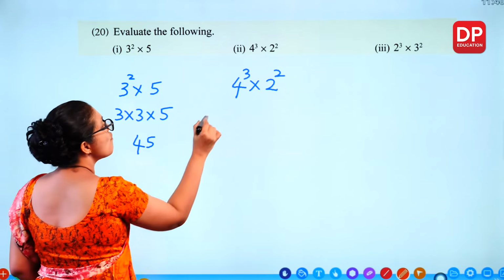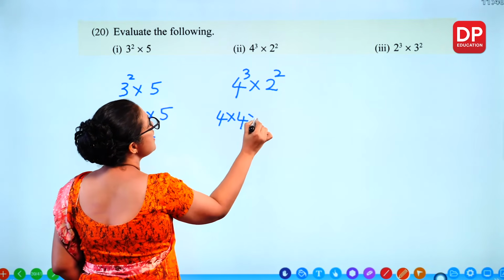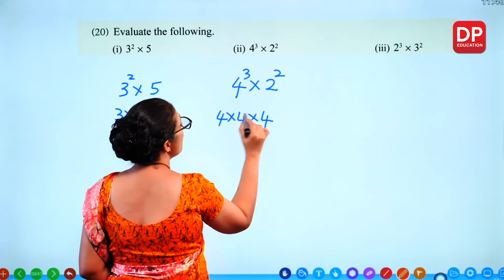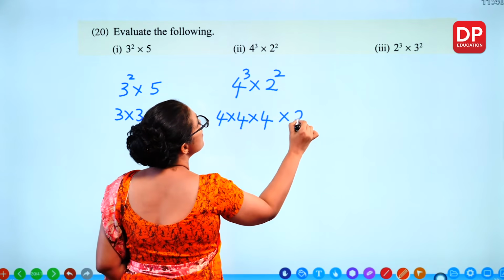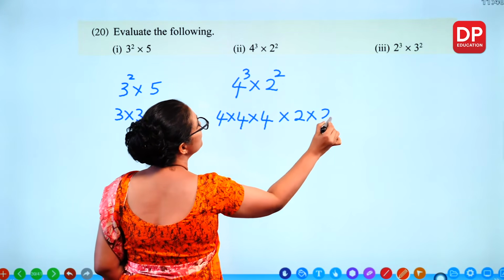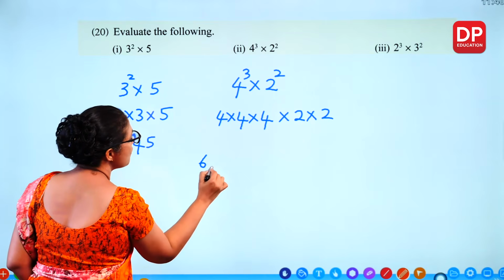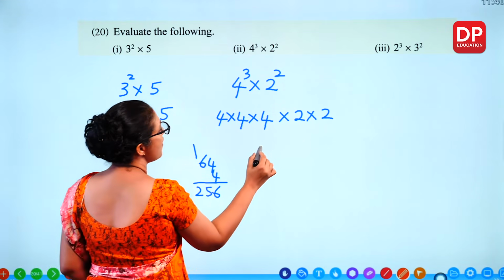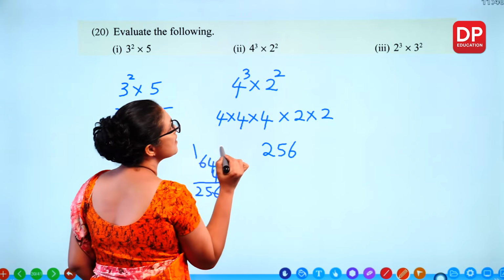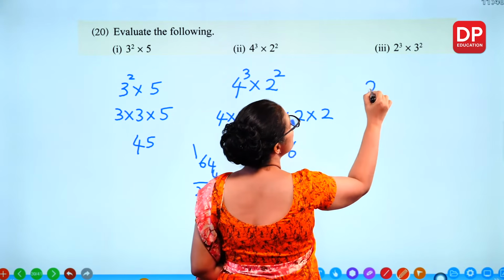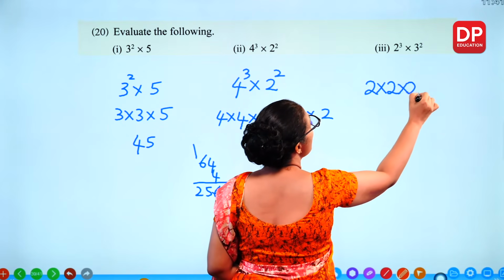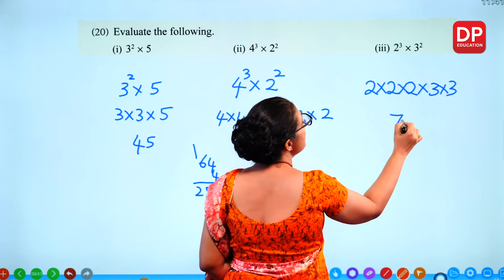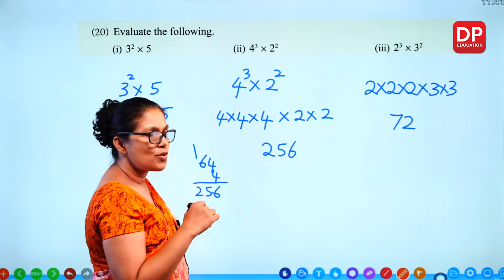What is 4 cube? 4 times 4, 16. 16 times 4, 64. 64 times 4 is 256. This one, 2 to the power 3. 2 times 2 times 2, 8. 3 times 3, 9. 8 times 9, 72.